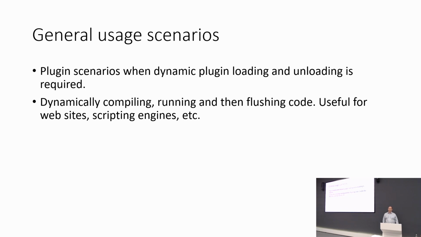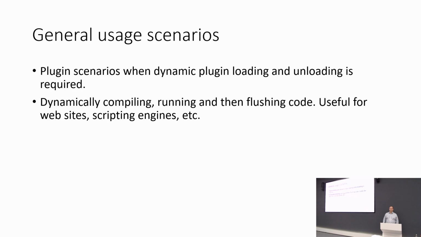The usage scenarios, probably the most important, are plugins, where you want to dynamically load a plugin into your application and then unload it when it's not needed anymore, and you don't want any memory allocated by the plugin to stay there, so that it doesn't keep eating memory if you load other plugins and so on.